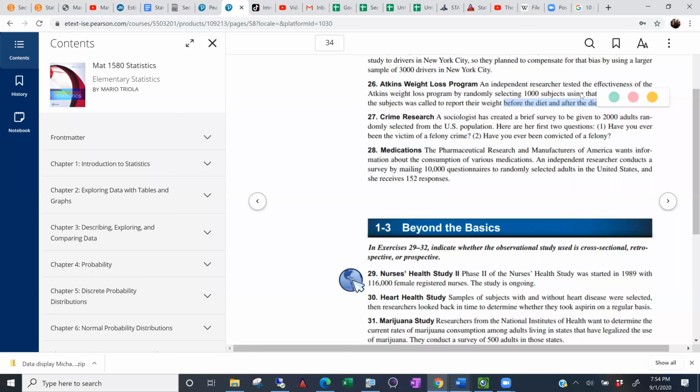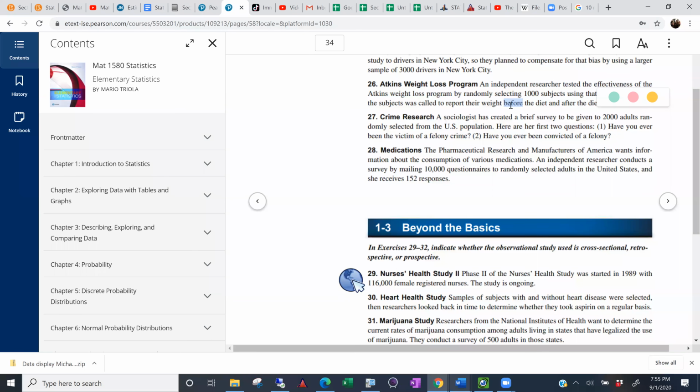But wouldn't they already be on the diet? It's not the researchers putting them on the diet. They're already doing it by themselves. It's not the researchers asking them to do it. I agree, they chose to be on the Atkins diet, but what I'm seeing is that you're looking at things before and after the diet.